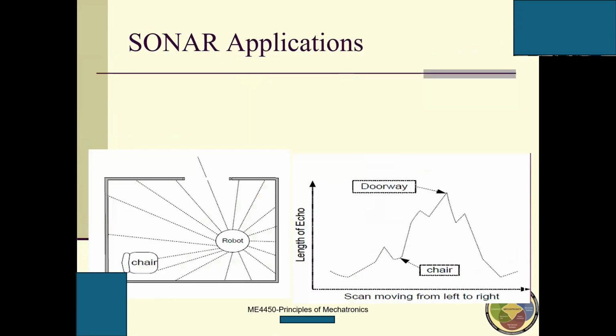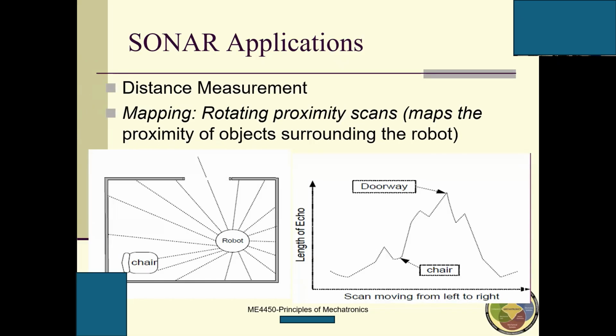So some applications. Suppose we have a rover indoors in a room, and we have a chair here. This rover has a sonar as the source, and it will emit the sonar signal in all directions. However, here's the door. Suppose the door is open.